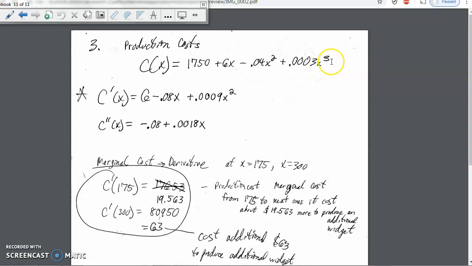This time we have an x cubed equation, so we have the possibility of having a relative max and a relative min, and probably inflection points in here. They don't ask us to find the relative max or the relative min. They just ask us what are the marginal costs when x equals 175 and when x equals 300.